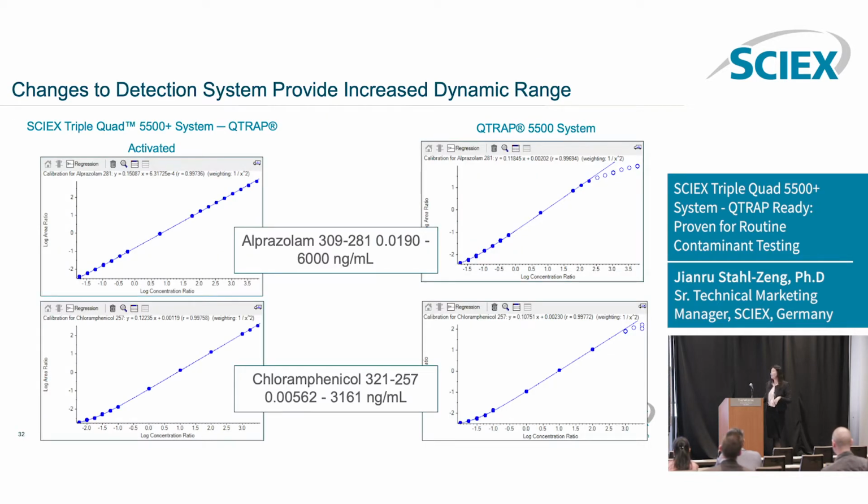Before I show you the results, this is the comparison between the classic 5500 and the new 5500 plus with the improvement on linear dynamic range, with some examples with pharma compounds.